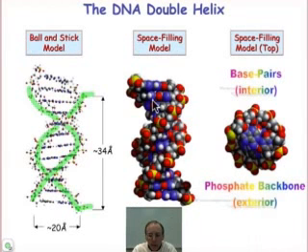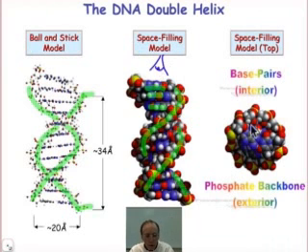Here's the space-filling model, and you can see that these planes of nucleobases are packed about as close as they can be together. And on the outside of this, we have these very polar sugar phosphate groups, so that if we look at this structure from the top view down, our eye positioned there, then what we have is an amphiphilic structure.